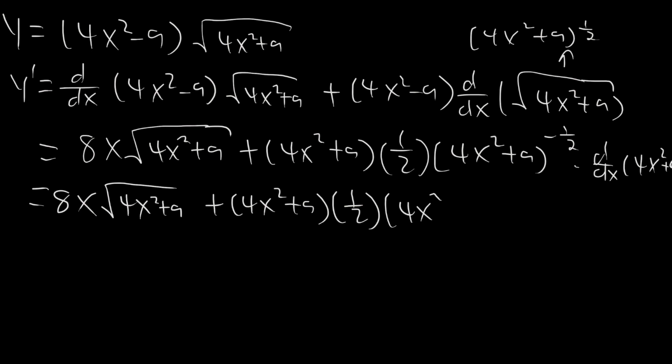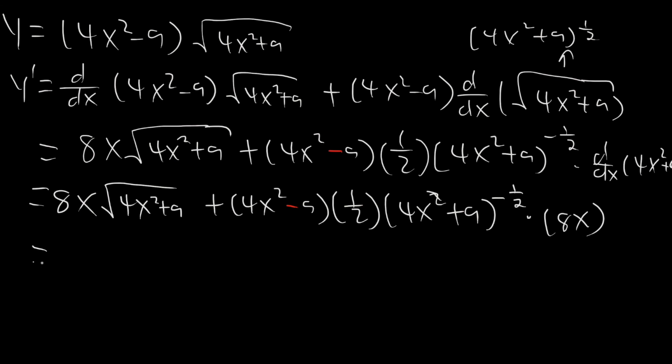I just made a very crucial mistake here. So here it is 4x squared minus 9. Alright, so here is going to be equal to 4x squared plus 9 with the power of negative a half times the derivative of 4x squared plus 9, which is equal to 8x.